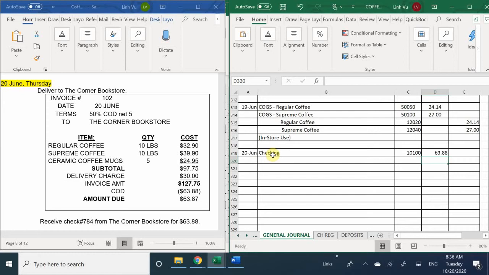If this person is billed $127.75, where does the 63.87 belong? Cash on delivery would be a debit as well. Not cash on delivery, that's already checking.